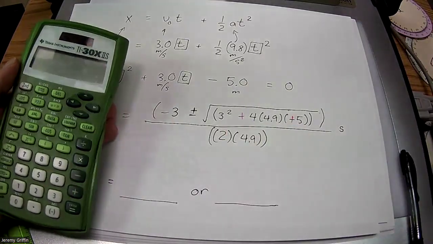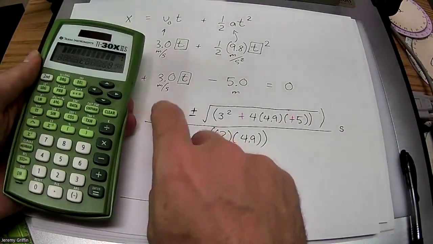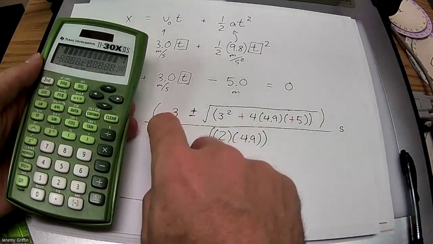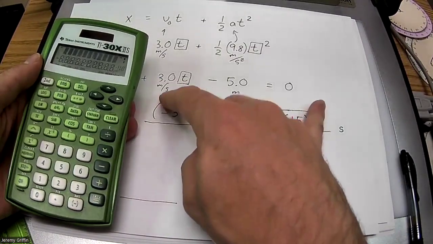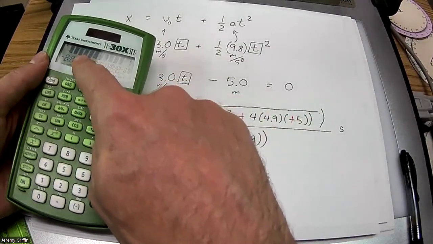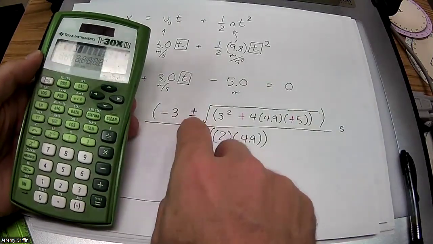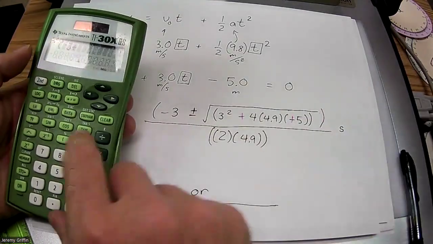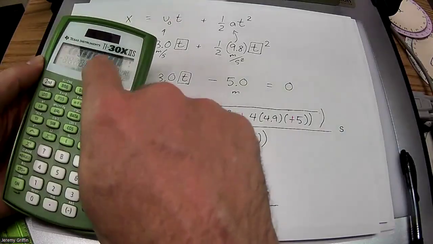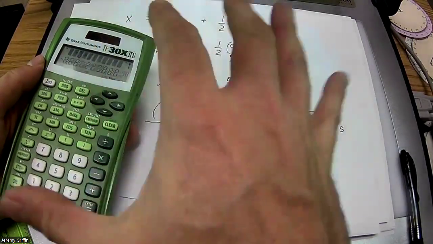All right, so here, I'm going to definitely open with the parenthesis because I have to group the numerator all together. If I don't do that, I've already missed the problem. I'll go negative 3, plus or minus. I'm going to do plus to start with. So I'll do square root. Now, every calculator is a little different.